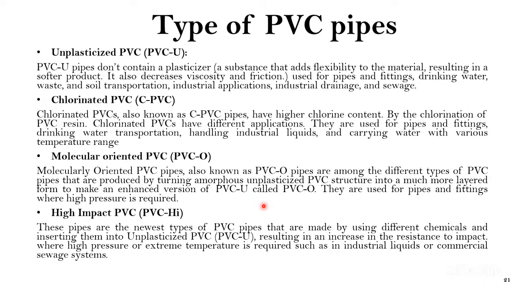And in pneumatic systems, where automated washing or anything automated is happening, like in the food industry or the pharma industry, the pneumatic hose of blue color, small diameter blue pipes. Those are molecular oriented PVC, because they can sustain very high pressure. That is the reason they need this molecular oriented PVC.